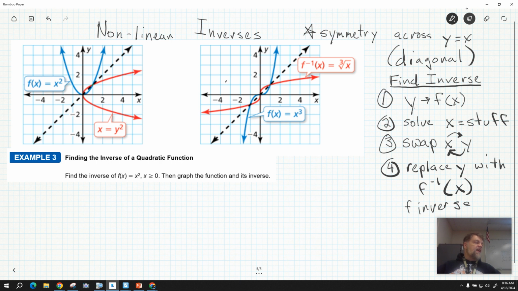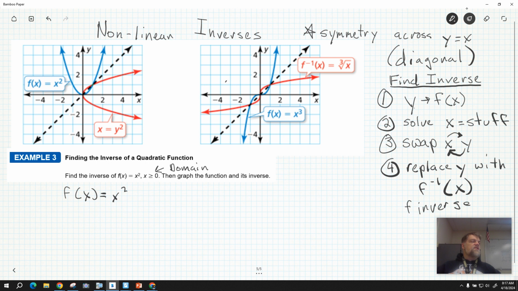So let's do that. So I have f of x is equal to x squared. And another thing, read the directions really carefully. So let's find the inverse of this, but there is a domain restriction. Then graph the function and its inverse.